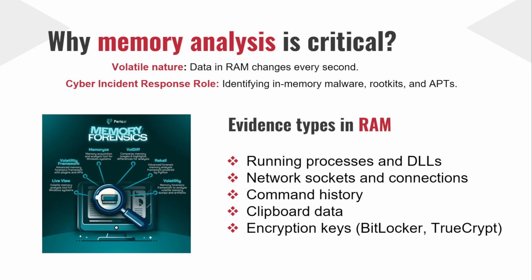Even clipboard data could contain sensitive copy-pasted text. Chat logs and messaging data from apps like Teams, Slack, or WhatsApp desktop remain only in the RAM. Passwords and encryption keys, especially for BitLocker or TrueCrypt volumes, are in the RAM itself. Remember, RAM is like a goldmine for volatile evidence, but only if you act fast and efficiently.